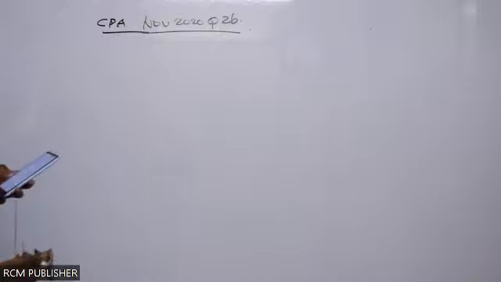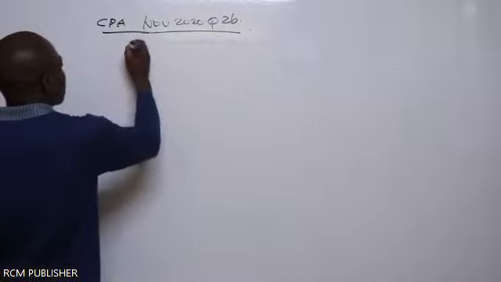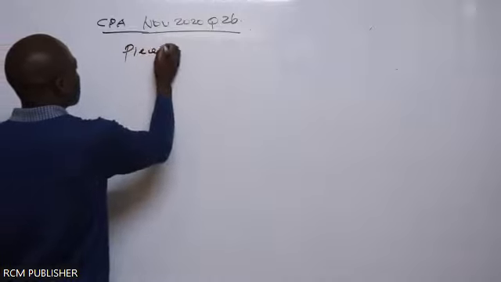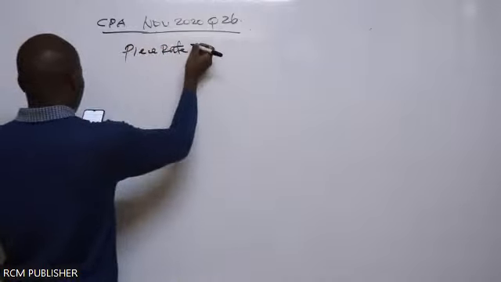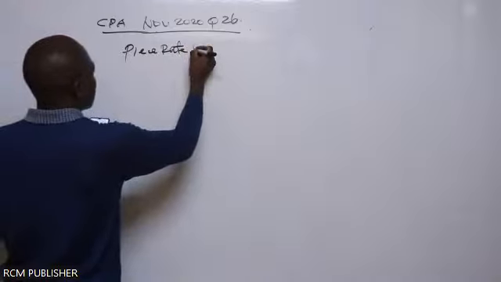So the question reads, a company uses two methods to remunerate its casual workers as follows. The piece rate with guaranteed time rate. So I want to look at what will be paid under piece rate.